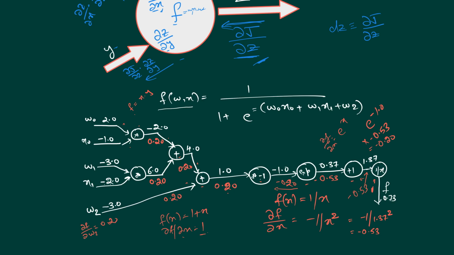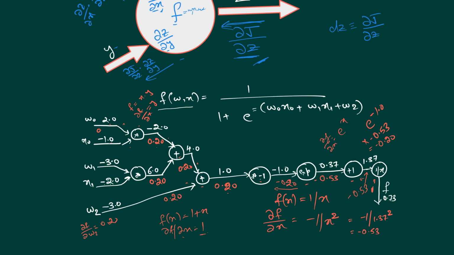So if you were to do del f by del first input, which is x, it's going to be y, which is the other input. Okay, so if we were to look at the top branch out here, the local gradient is the bottom input, which is minus 1.0. So the gradient is minus 1.0 multiplied by whatever is coming in, 0.20.